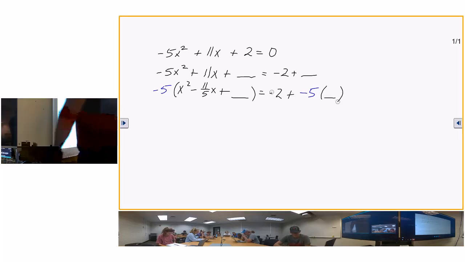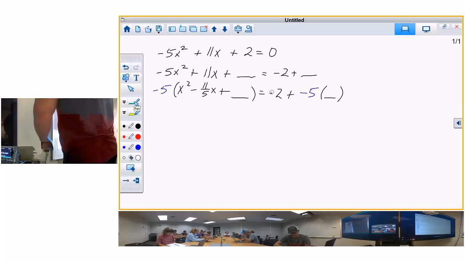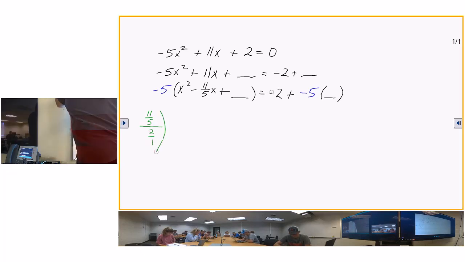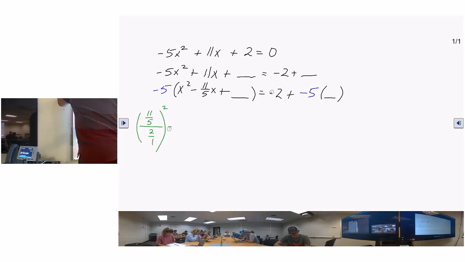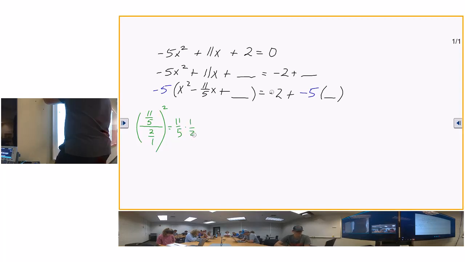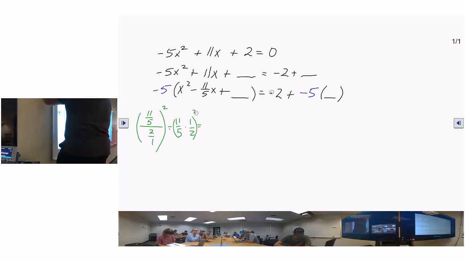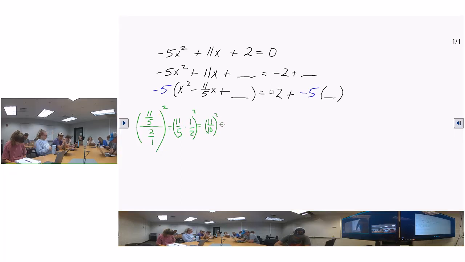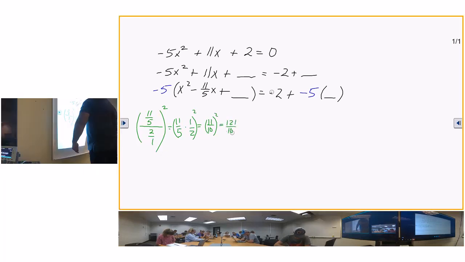I'm going to take my green pen, and we're going to take 11 over 5, divide by 2 over 1, and square it, which is 11 over 5 multiplied by 1 over 2, which is equal to 11/10 squared, which is 121 over 100.